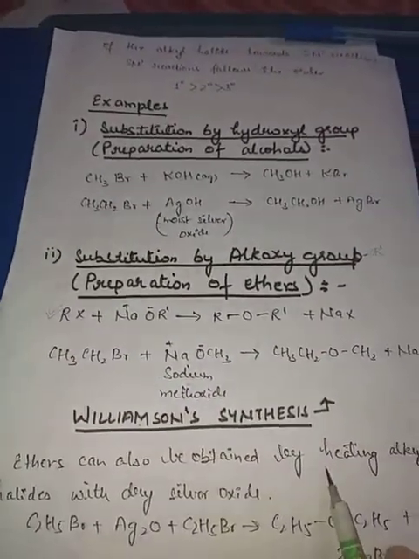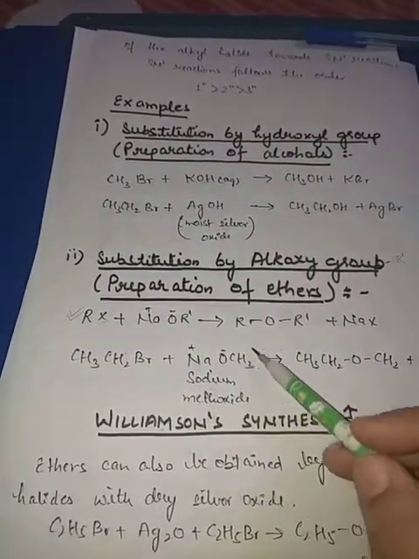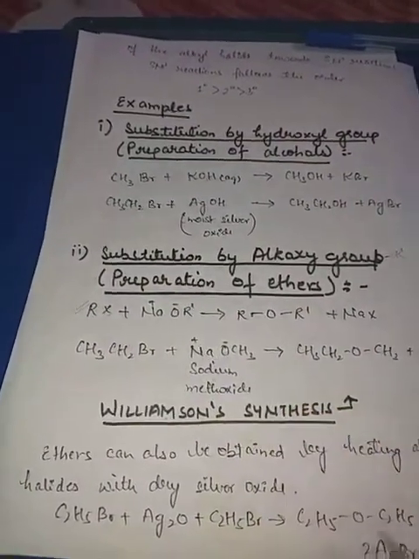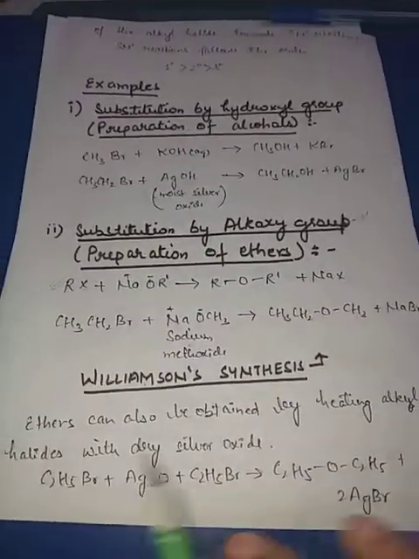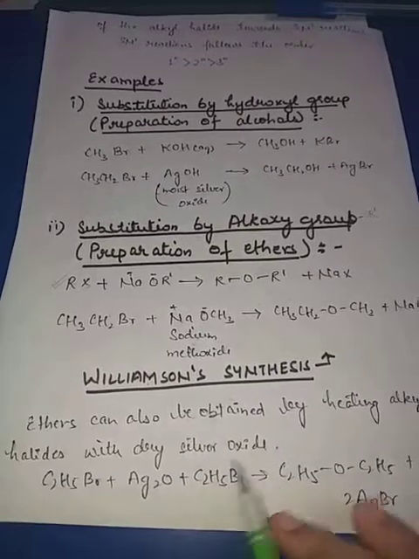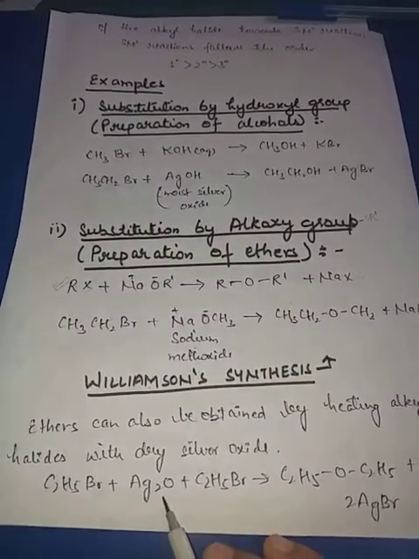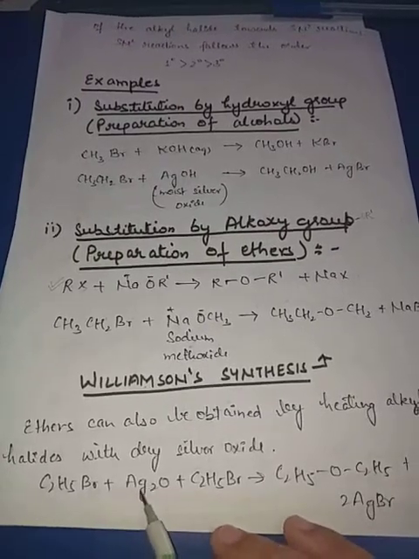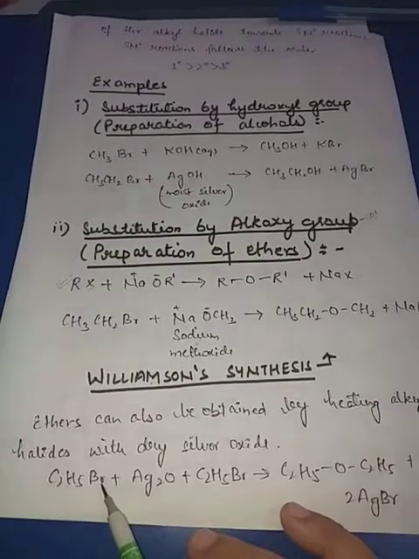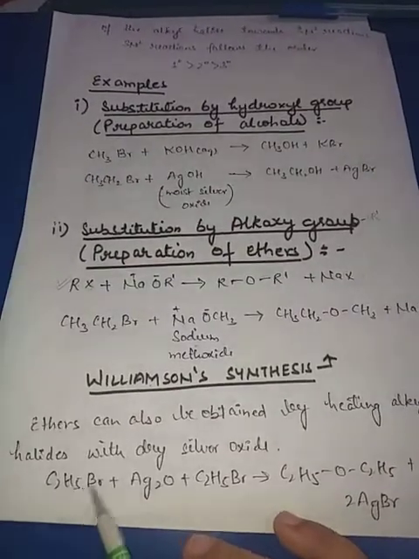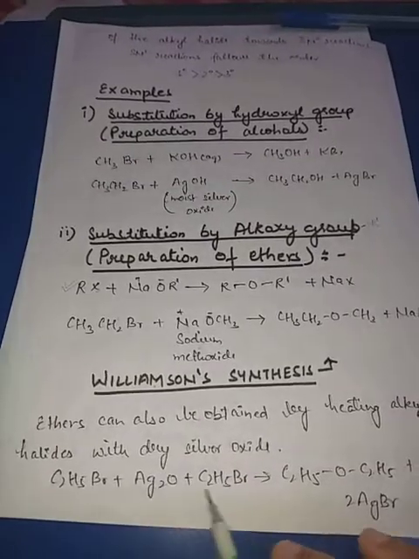Ethers can also be obtained by other reagents: by heating alkyl halides with dry silver oxide. If we take dry silver oxide, then this reaction can happen. Ag and Br are removed from here, C2H5OC2H5 will form, and 2AgBr will be removed.